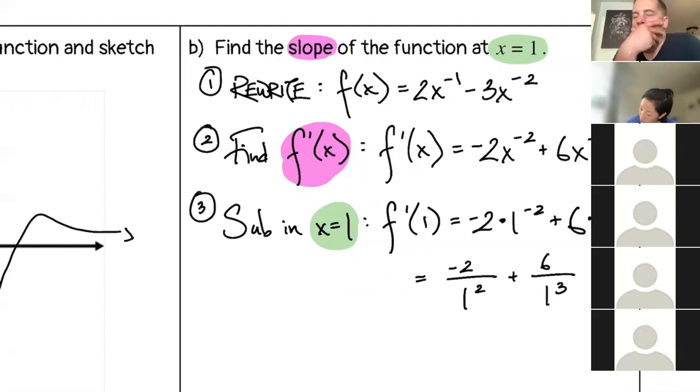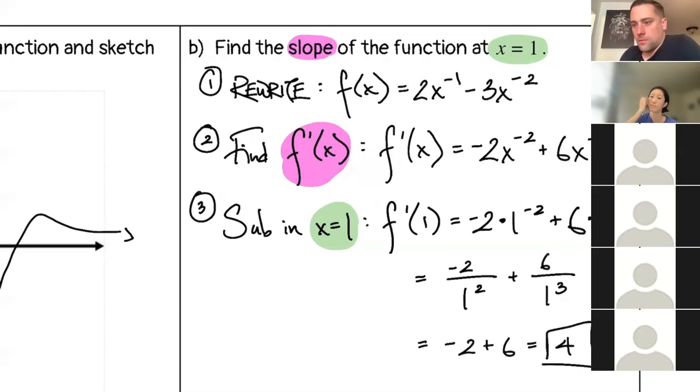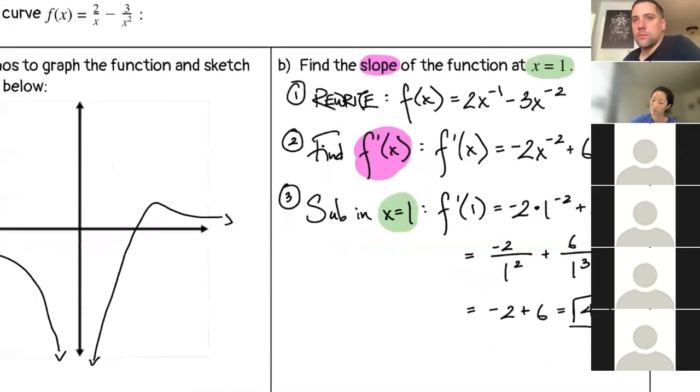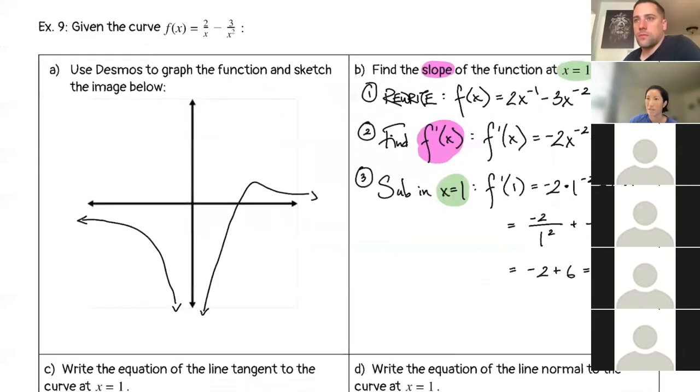And when we work through those calculations, we'll get -2 plus 4, plus 6, which will give us 4. Okay. So before we move any further, what does that 4 mean? Like, we got a number, that's great, but what does that 4 mean?